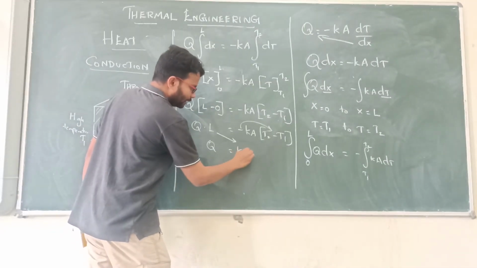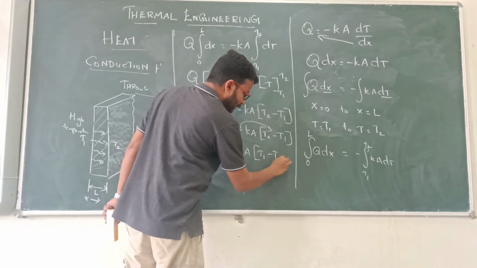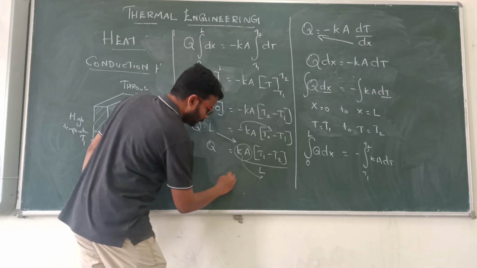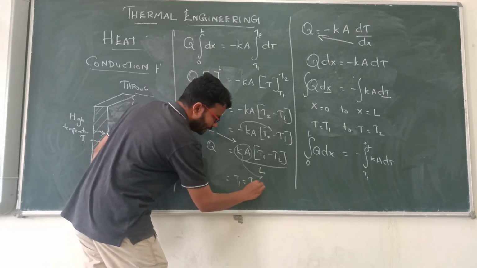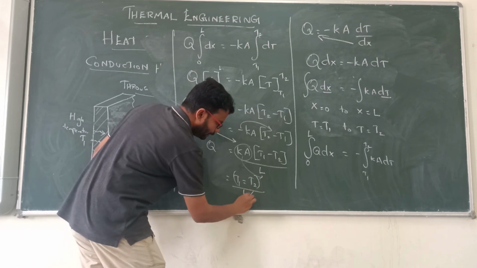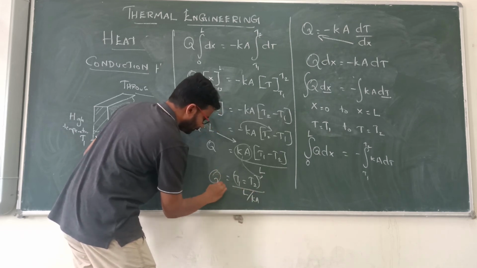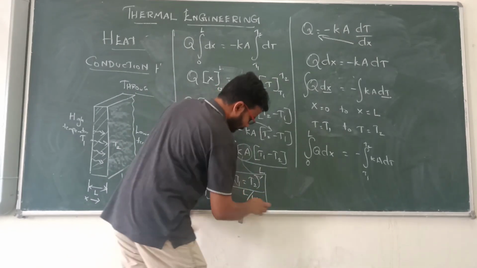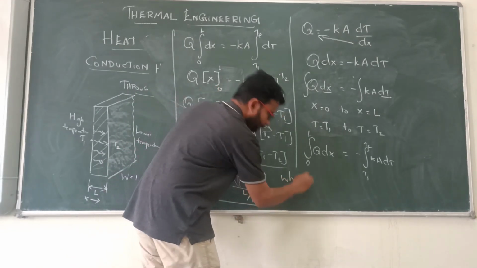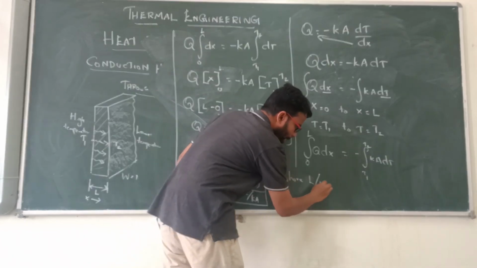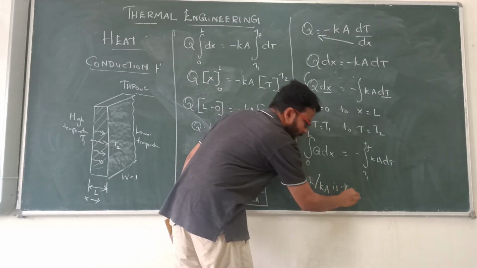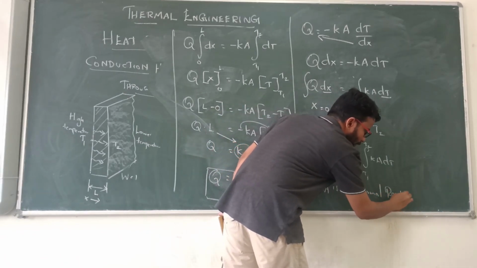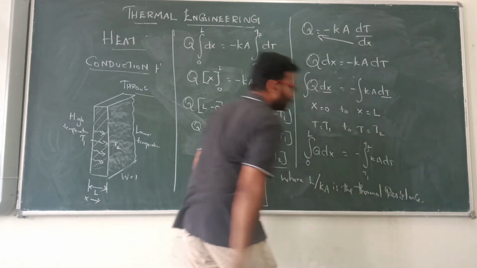So you will get KA of T1 minus T2 divided by L, and again bringing the KA down, you can rewrite Q as T1 minus T2 divided by L by KA, where this L by KA is the thermal resistance.